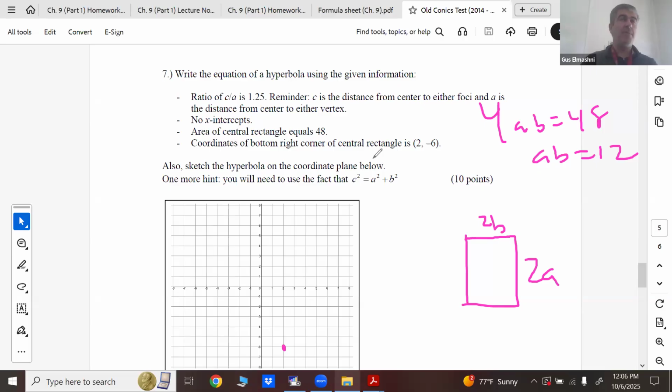You can't, but if it's open left, right, guaranteed you have x-intercepts. Guaranteed it would. So it's got to look like this: y squared over a squared. There's also an h and k too. Actually, let me write it more properly.